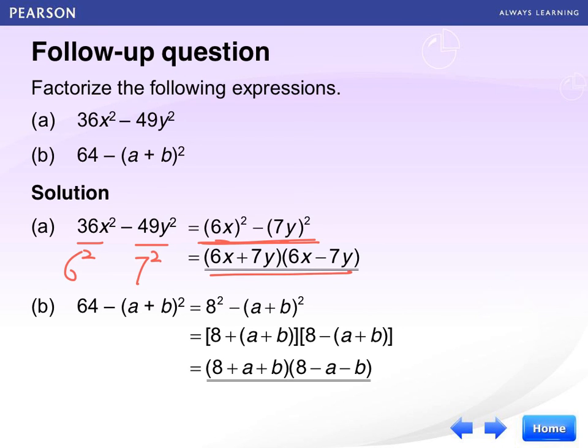And for part B, 64 can become 8 squared. So square minus square. We use a and a plus b to form two factors, and minus the whole a plus b squared. So in the minus factor, you need to subtract the whole a plus b. So as a result, you can form these two factors in the product.